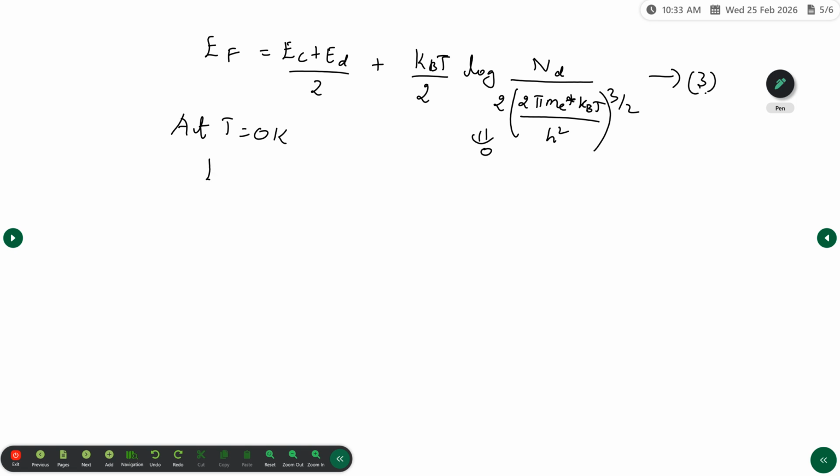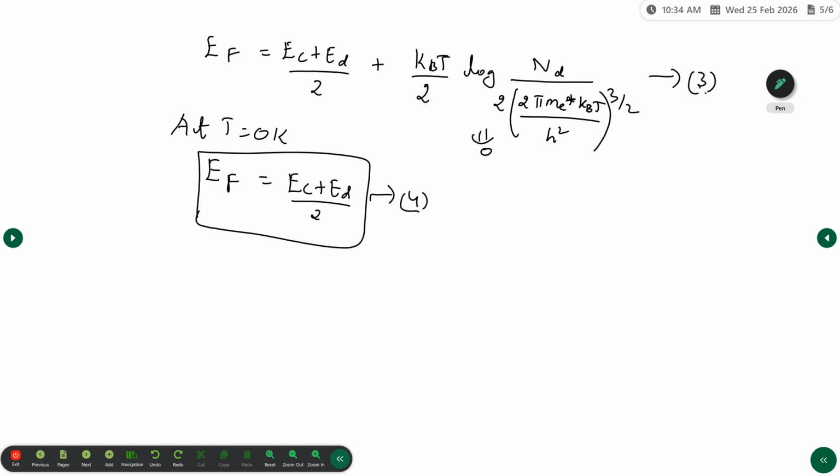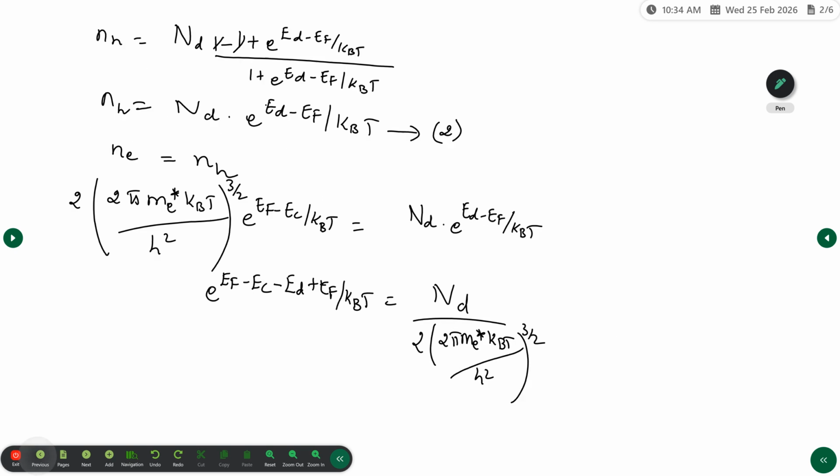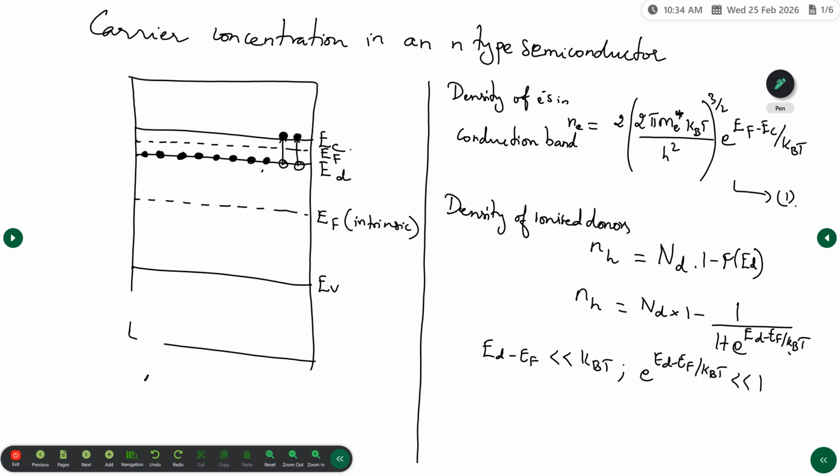So we will get EF is equal to EC plus ED by 2. Put this as equation number 4. What's the meaning? Look at the previous diagram. We have the Fermi energy exactly in between ED and EC, in the midway of EC and ED.